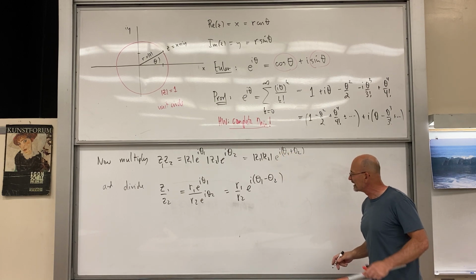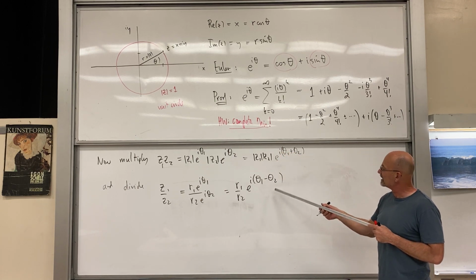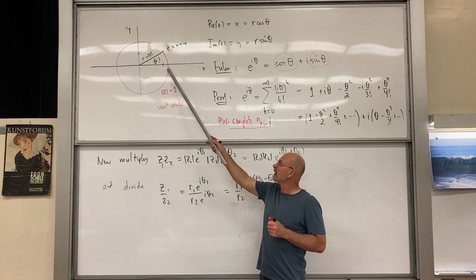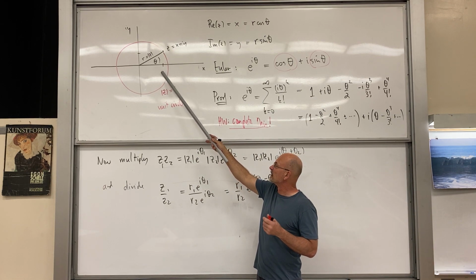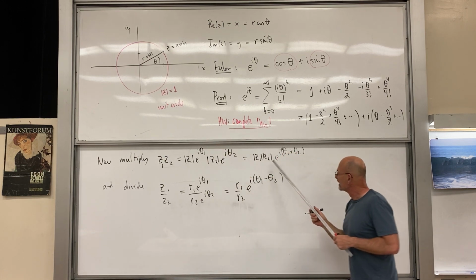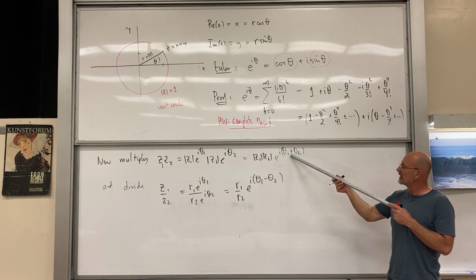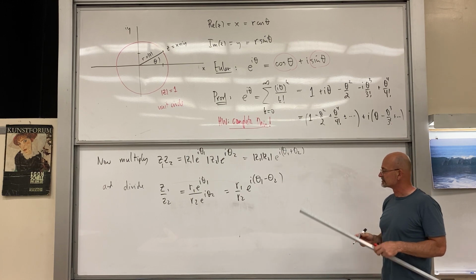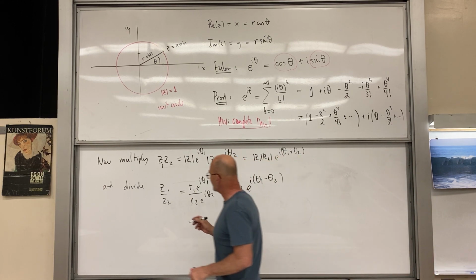So very easy, and we have a great visualization of these things up on the unit circle or in the complex plane, because we're just adding those angles or subtracting them. How about the square root?